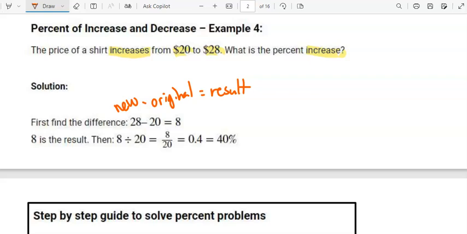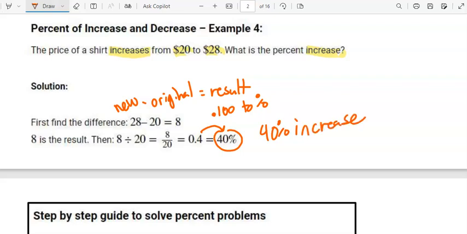Since 8 is the result, you're going to divide that by the original. 8 over 20 is 0.4. Change that to a percent. 40%. So there's a 40% increase.